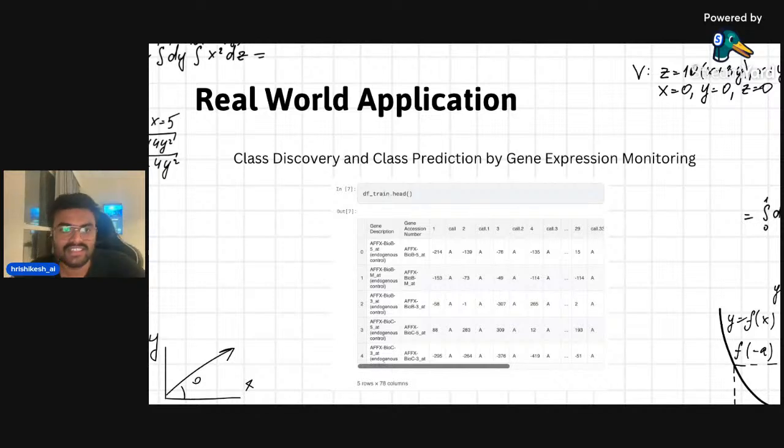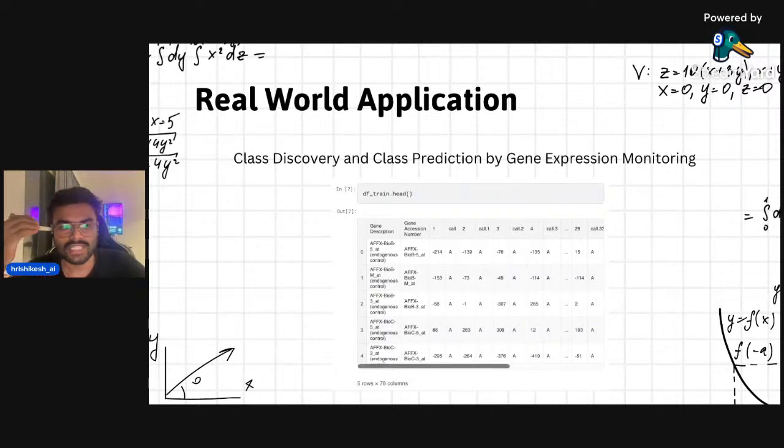Second, it has a lot of applications in gene expression, if you are working in biology plus ML or biology plus data analysis. There is a very big field in biochemical work, specifically in the European region.